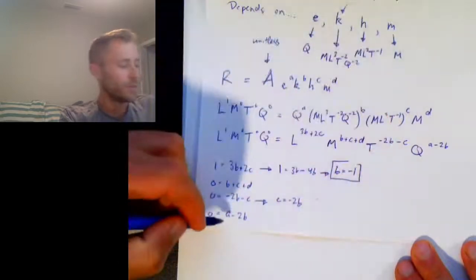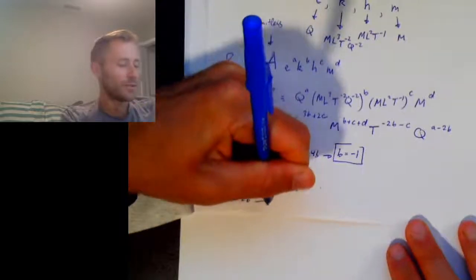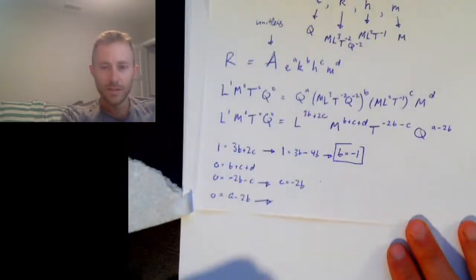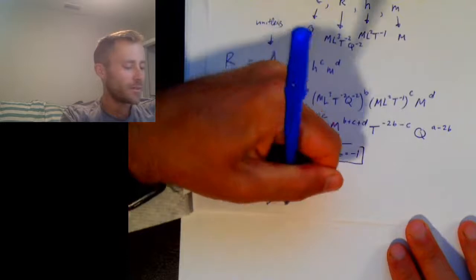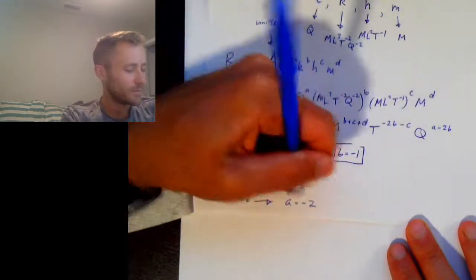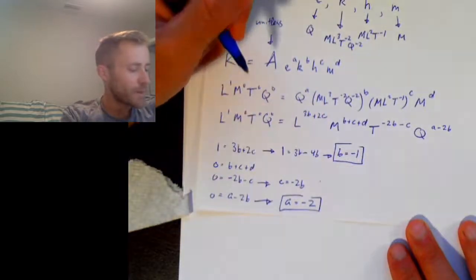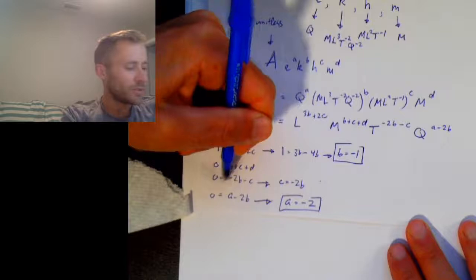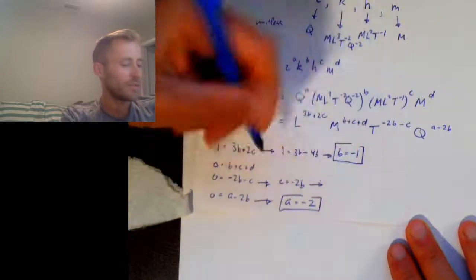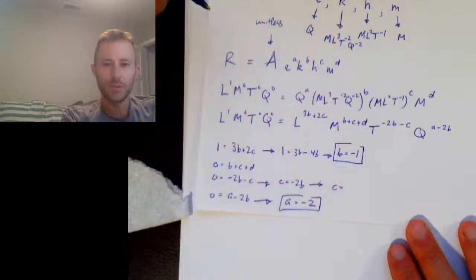Now, if b equals negative 1, then this equation says that a equals negative 2. And this equation says that c equals 2.